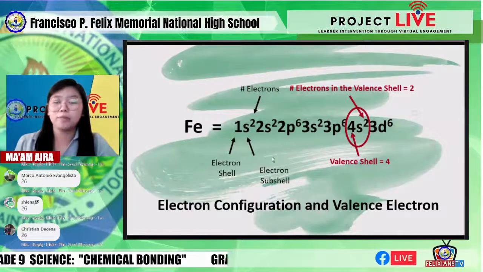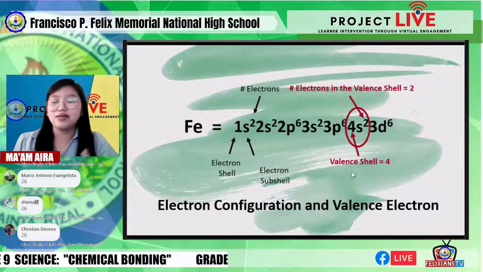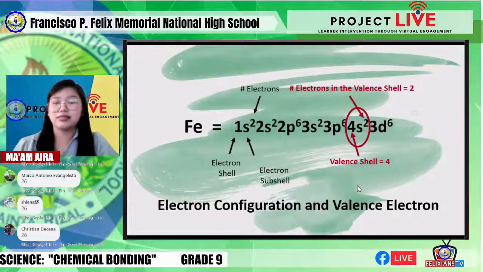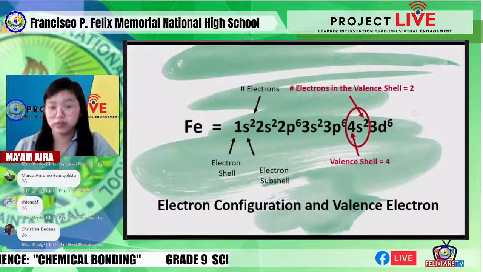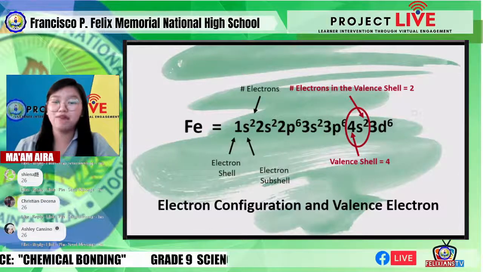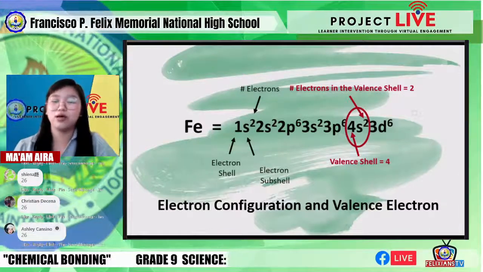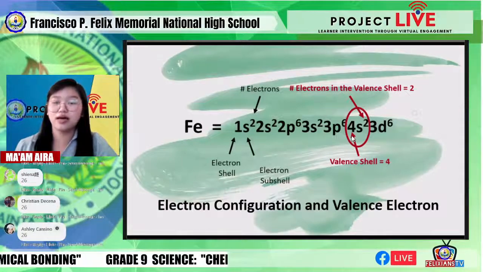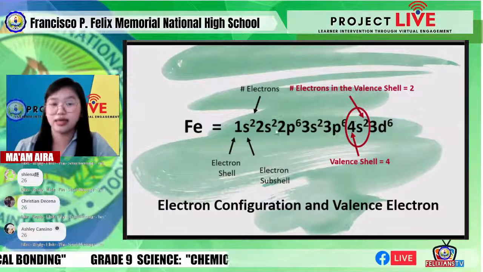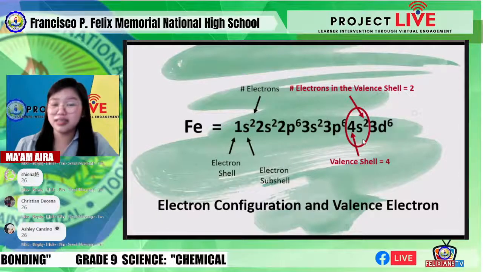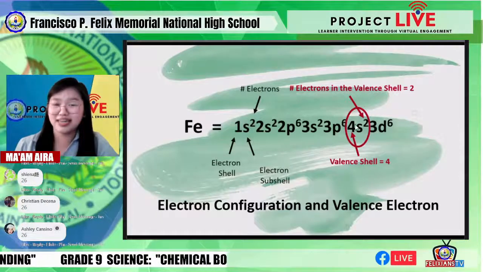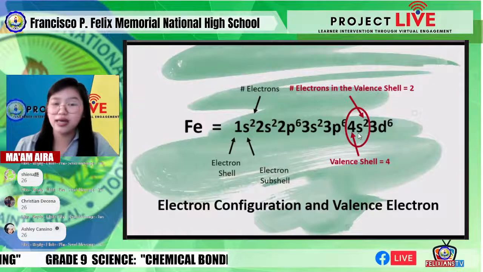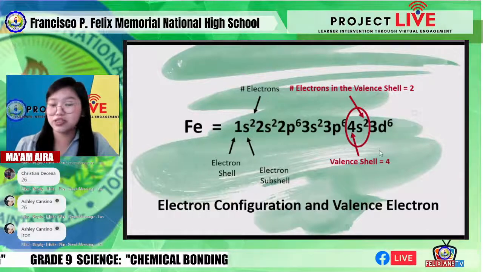Okay? So, since valence electron is pertaining to the outermost electron, we have to, of course, identify what is the outermost shell. Usually, it is the greatest number in the series. In this series, we have 4 as the greatest number, meaning to say, this is our valence shell.